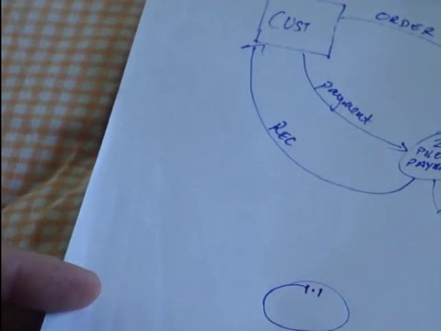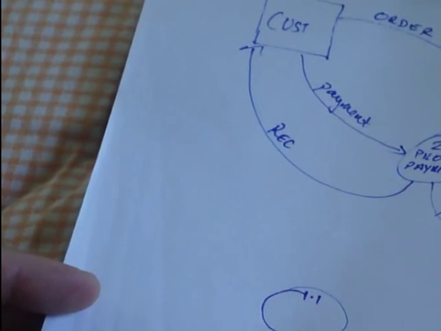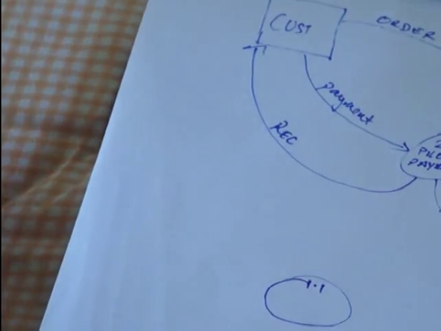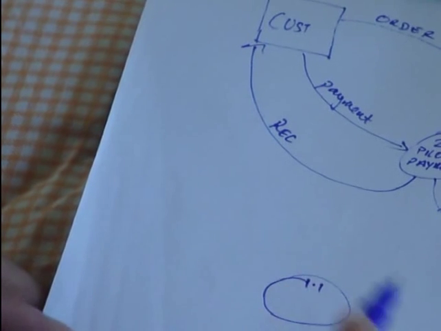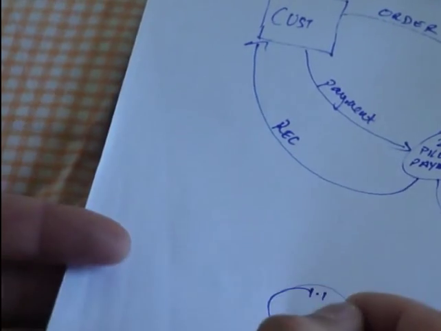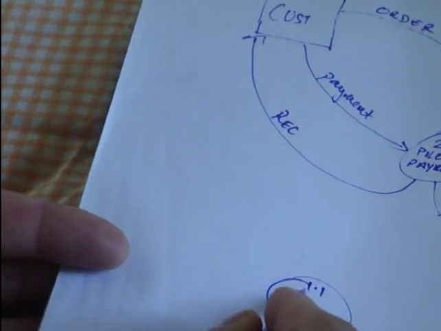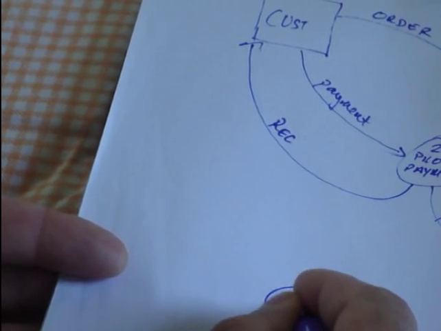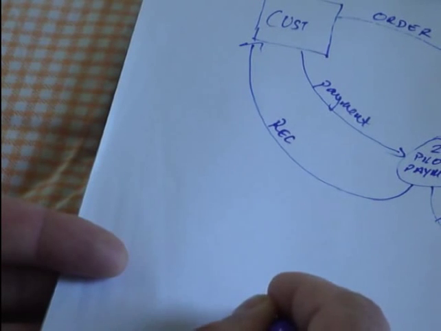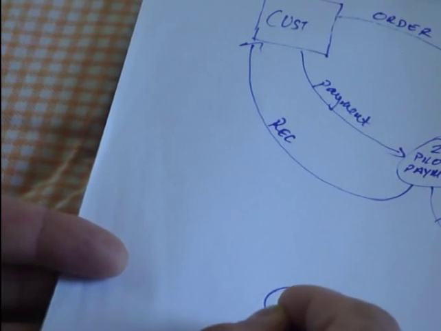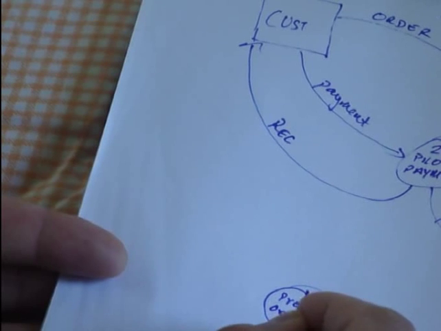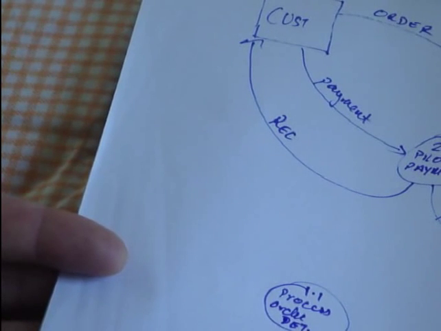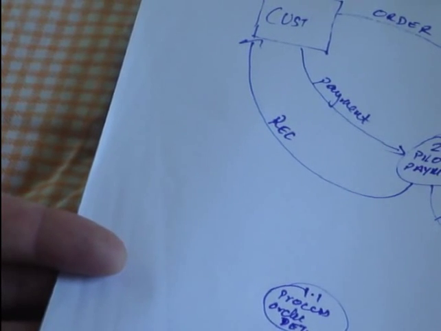Process 1.1, process 1.2. So as we can see, it is what it's doing. So I'll just name these processes. I'm saying the first child of 1 or 1.1 is process order details, and 1.2 is process customer details.